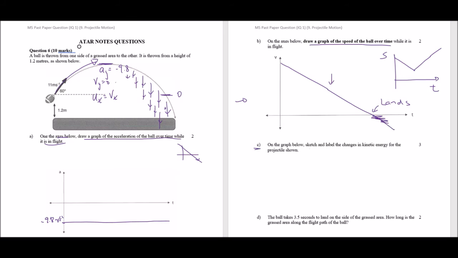Question C says sketch and label the changes of kinetic energy for the projectile shown. So let's just draw out our graph. Kinetic energy as the y-axis, t for time. Same idea, it will be very similar to what we drew for the speed diagram. It's going to decrease and reach a plateau point.